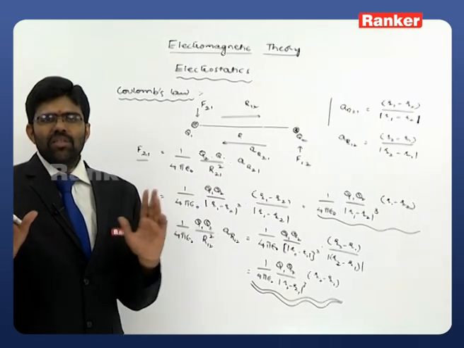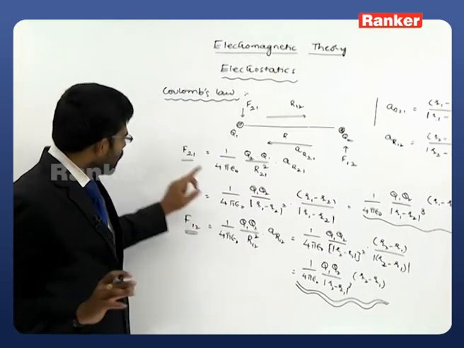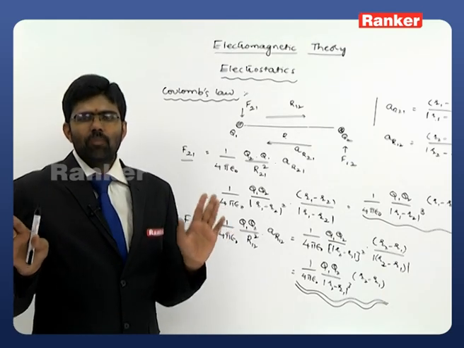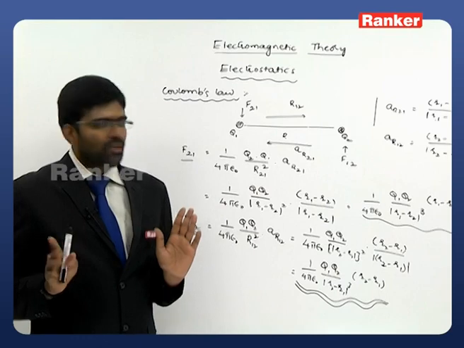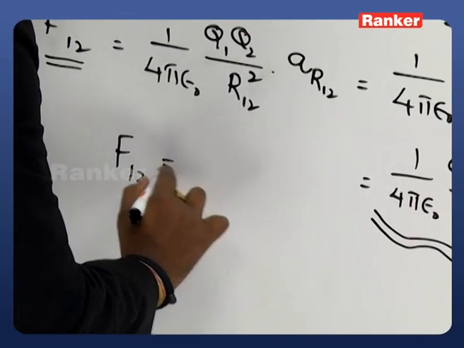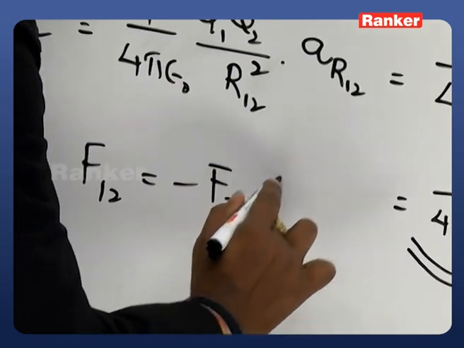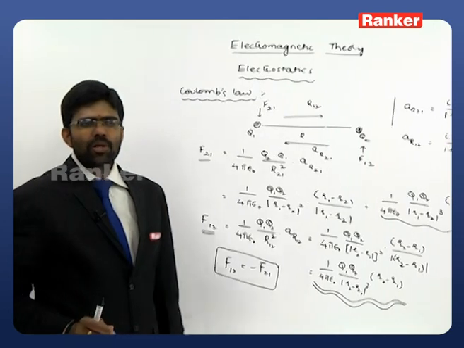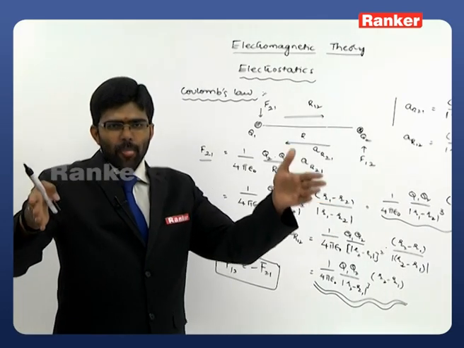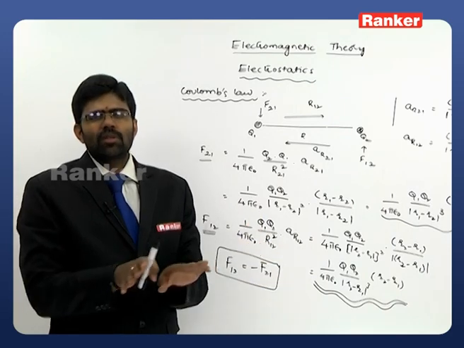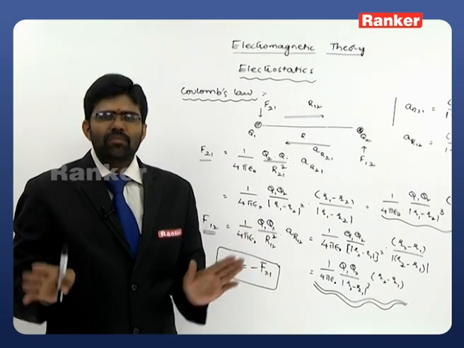Since the vectors are opposite in direction, clearly you can say that these two forces we are calculating are the same in magnitude but opposite in direction. So what you can write is F12 is equal to minus F21 always. Whenever we are calculating the force between 2 point charges, if you want only the magnitude, don't bother about the direction, just calculate the magnitude.